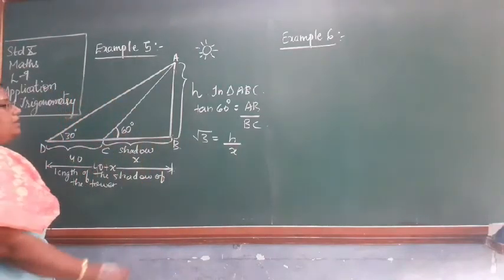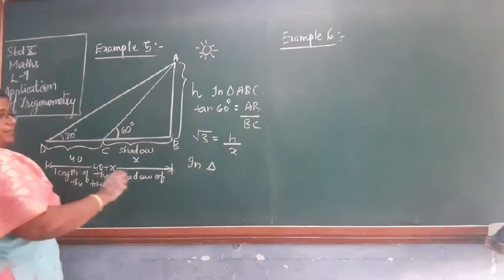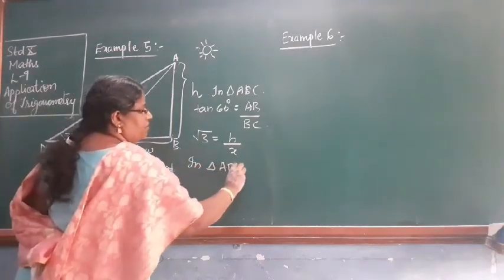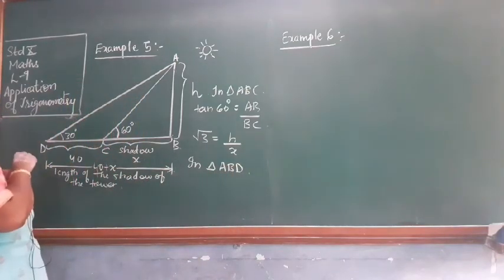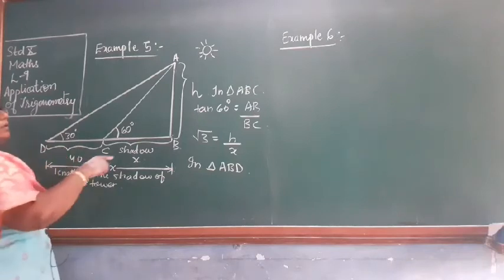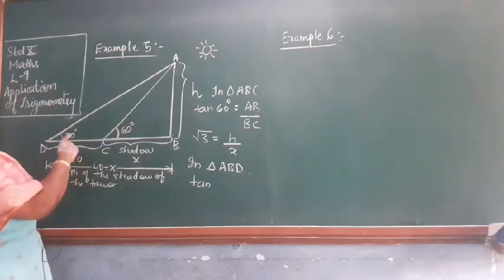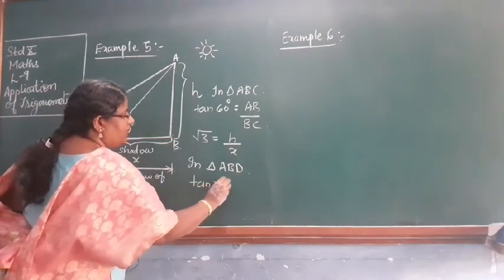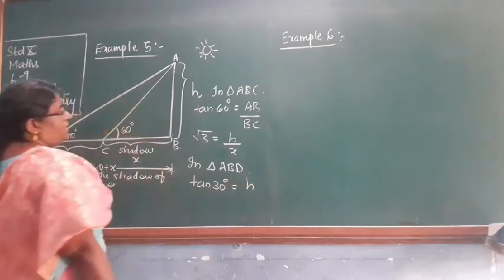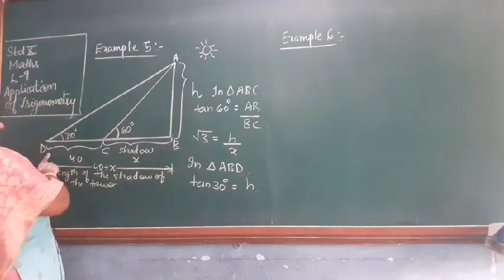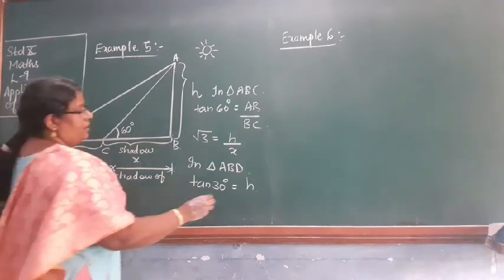Now what do you do? In triangle ABD, the whole triangle, since the angle of elevation is 30, I take tan 30. Again, opposite is H upon the adjacent, which is now BD.